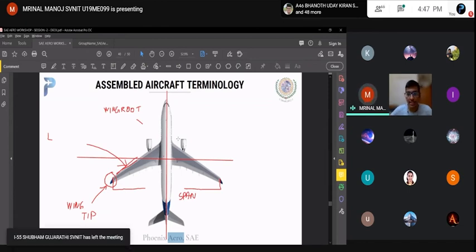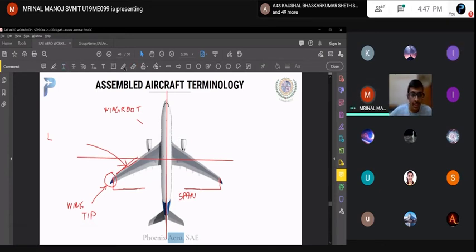The CG is basically the center of gravity, where the entire weight of the plane is supposed to be concentrated. So the CG will lie somewhere on this axis, right about here. So this will be your CG.